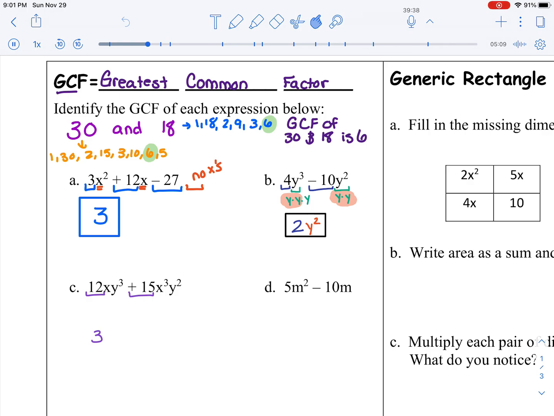Next, I need to look at my x's. I have x and I have x cubed. Since the first term has 1x and the second term has 3, that means there's 1x, or x to the power of 1, that they have in common.